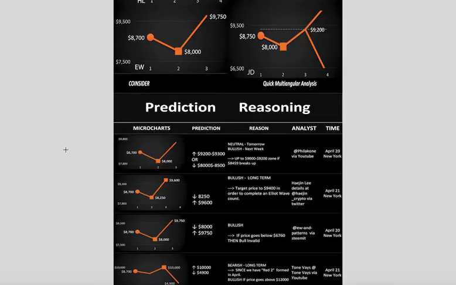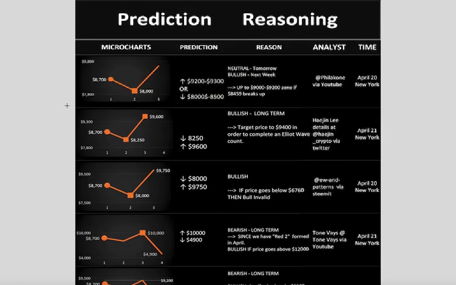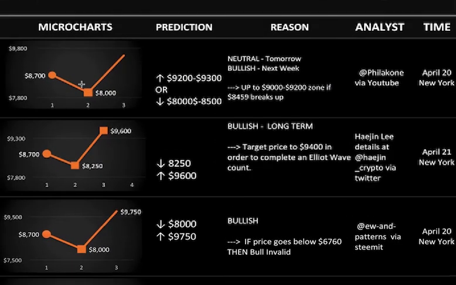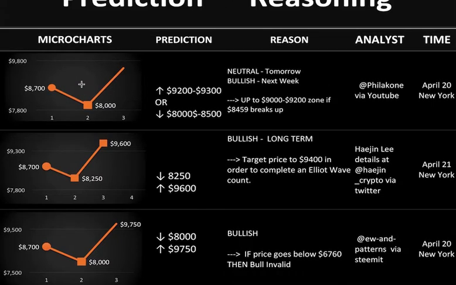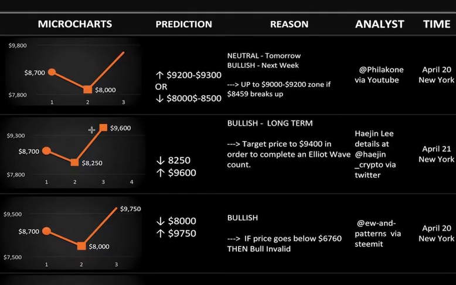We have prediction and reasoning now. Let's blow this up here. Okay, so in prediction and reasoning, again, we're going to look at 3 bull scenarios, and then we're going to look at 3 bear scenarios. Let's just find again the details which are common: down to the 8,000 range, then up; down to the 8250 range, and then up; down to 8,000, and then up to 9750.